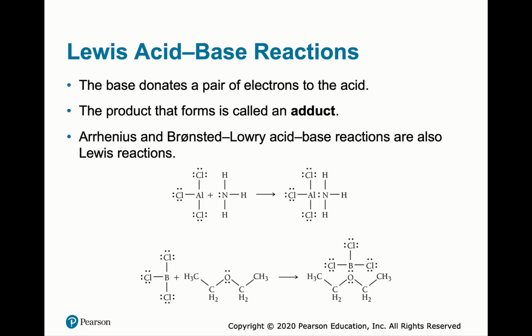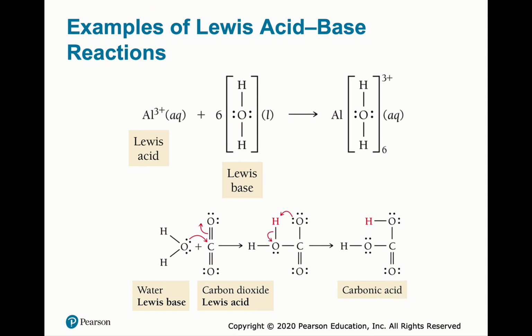All Arrhenius acids are Bronsted-Lowry acids. All Bronsted-Lowry acids are also Lewis acids, but not all Lewis acids involve hydrogen. So you can see two here. These are acid-base reactions, but the Arrhenius or Bronsted-Lowry theories do not describe these reactions.